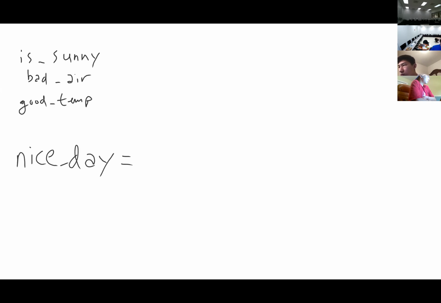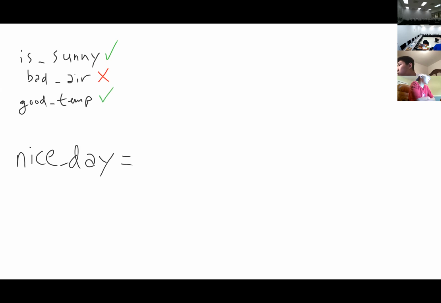Is it a nice day when it is sunny? So we want this one to be true. Is it a nice day when there is bad air? It is not a nice day when there's bad air, so we want that to be false for it to be a nice day. And do we want a good temperature for it to be a nice day? Yeah.